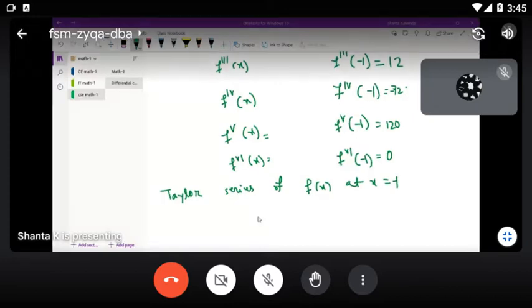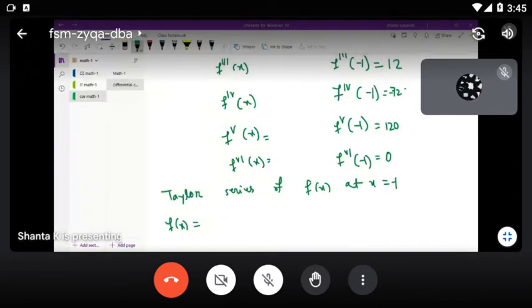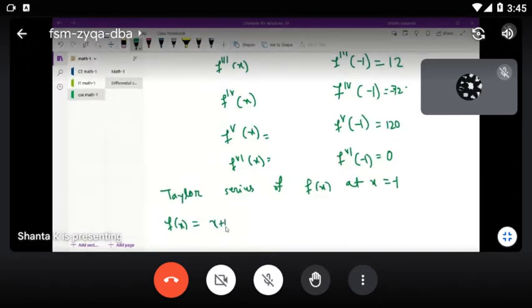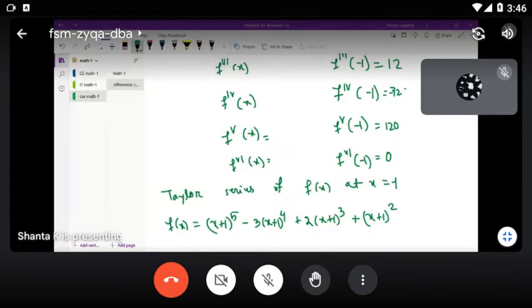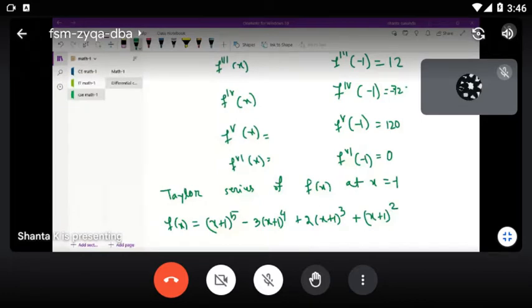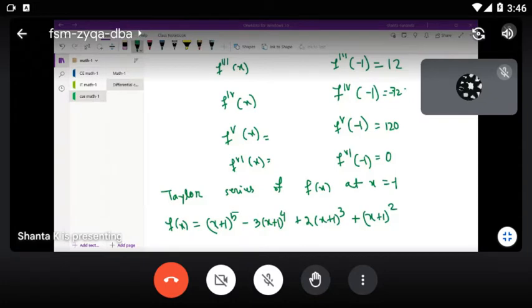After substituting the above values, what we are getting is f of x equals x plus 1 whole power 5, minus 3 times x plus 1 whole raised to 4, plus 2 times x plus 1 whole cube, plus x plus 1 whole square. Minus 2, no, ma'am, that's it.